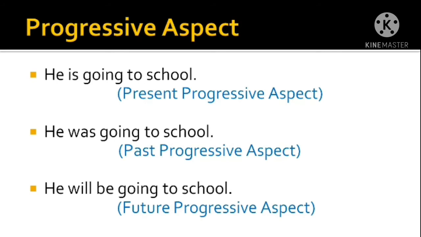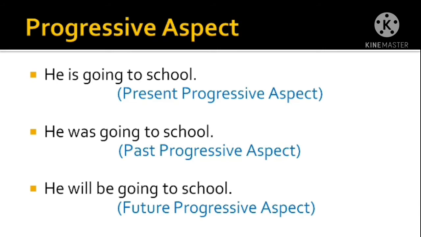That's why I use is here. Go is the base form V1 plus ing. Whenever you are making the progressive form or the continuous form, you apply the ing suffix to the base form of the verb. So go is the base form plus ing. So it is giving you the progressive sense.